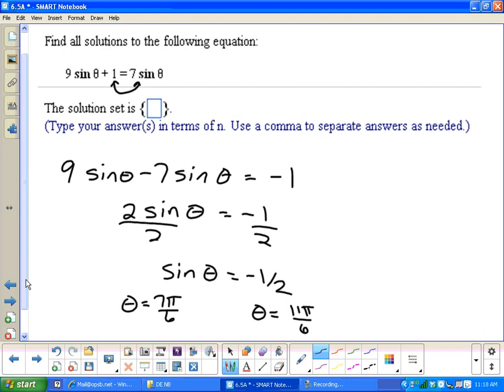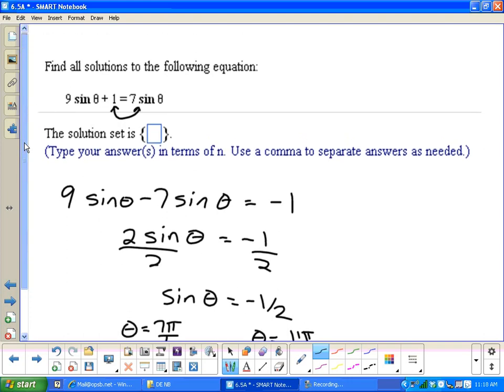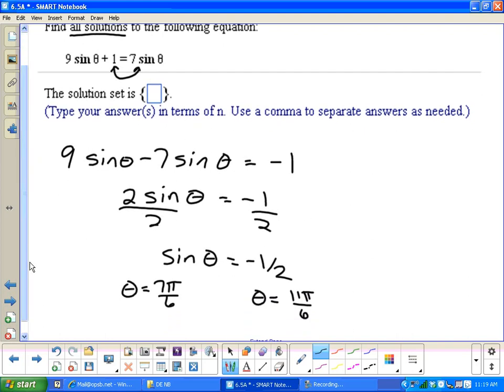Now the directions are a little different than the last one, aren't they? It says find all solutions, and it does say type your answer in terms of n there. I didn't catch that. So is this all the solutions? No, these are the solutions that just fall between 0 and 2 pi. All the solutions would be these plus a multiple of 2 pi.